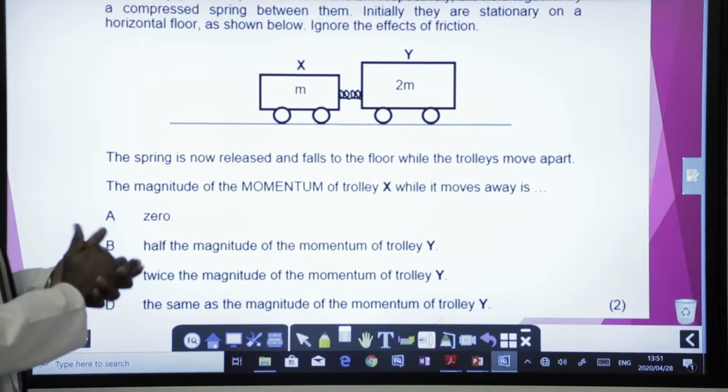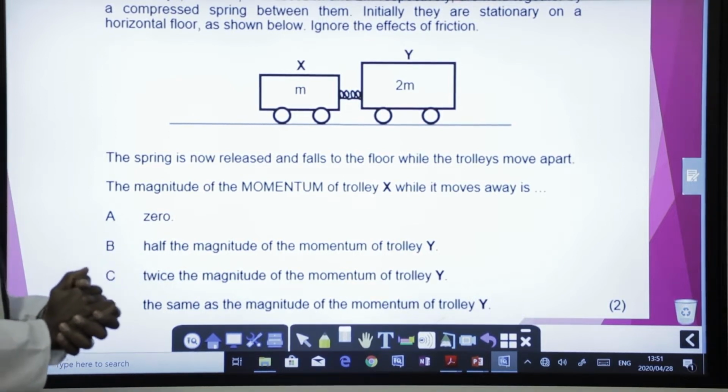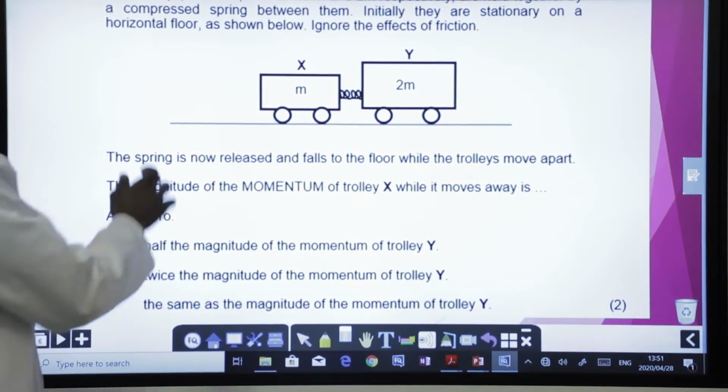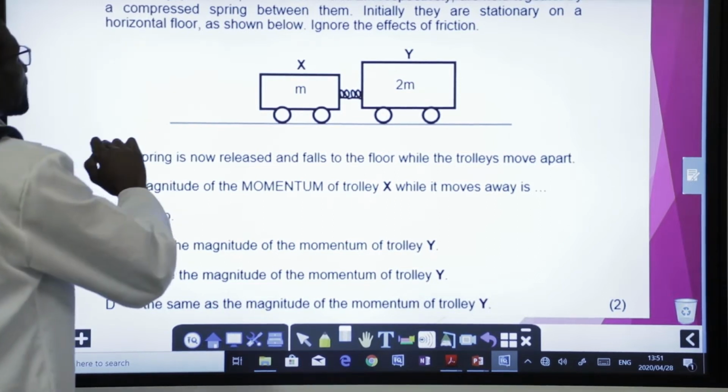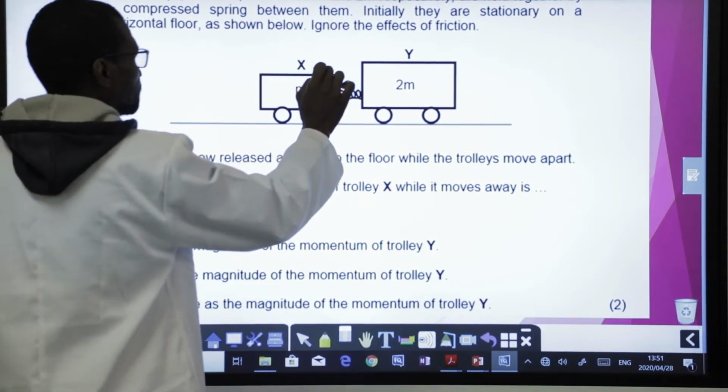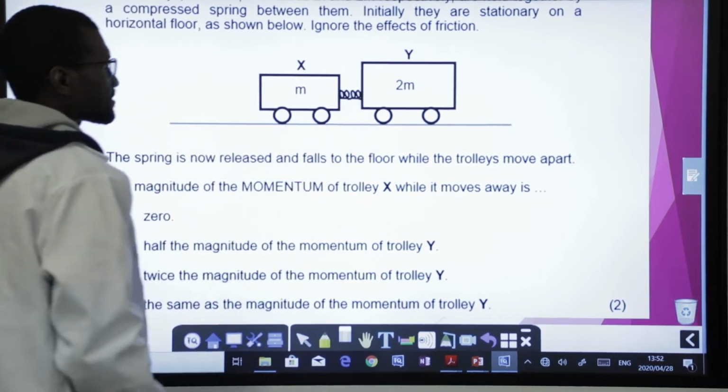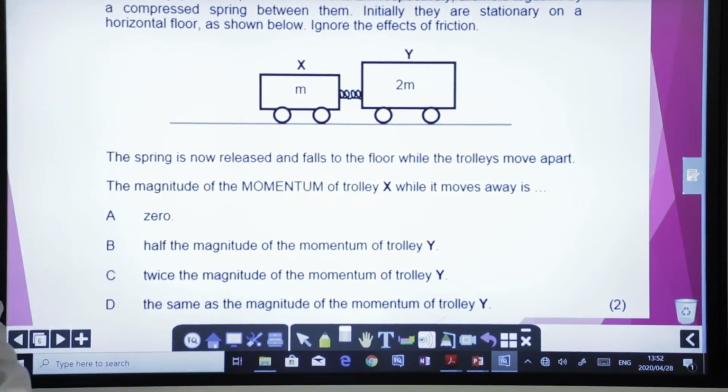Initially, they are stationary, meaning they are not moving, on a horizontal floor, as shown below. Ignore the effects of friction.